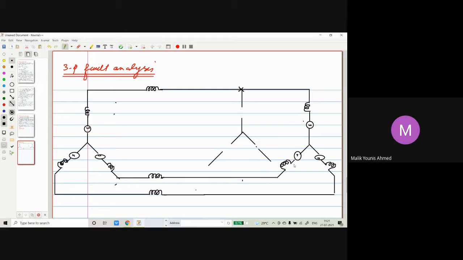So this will connect phases A, B, and C. We'll draw the connections first. Look into the connections. They're very simple. Each phase is connected.